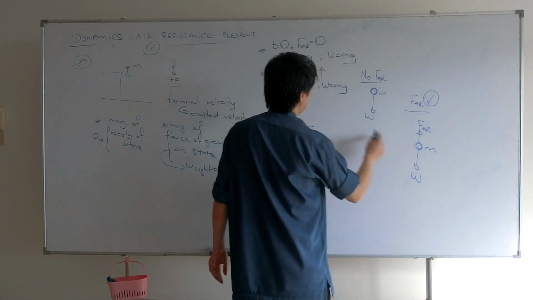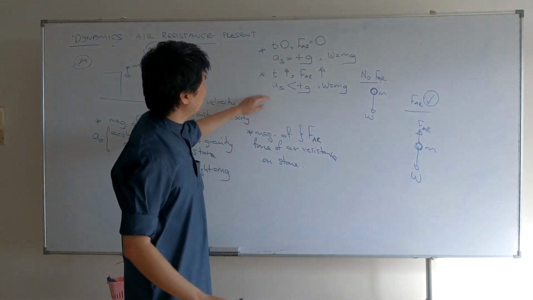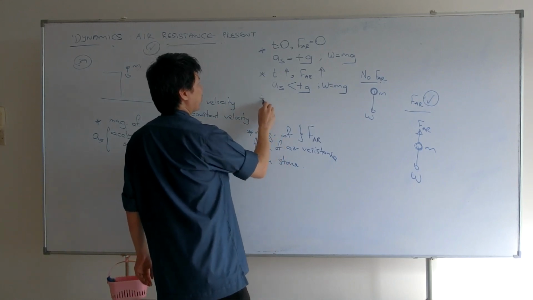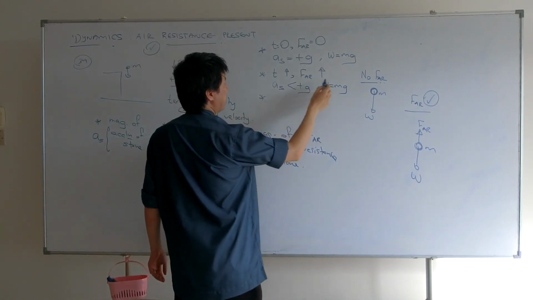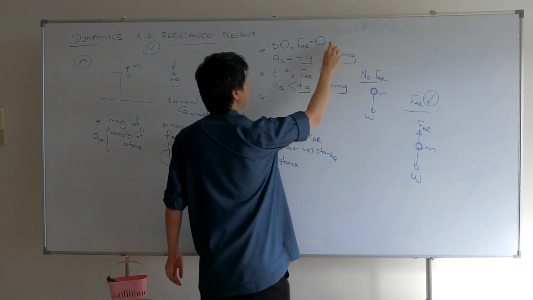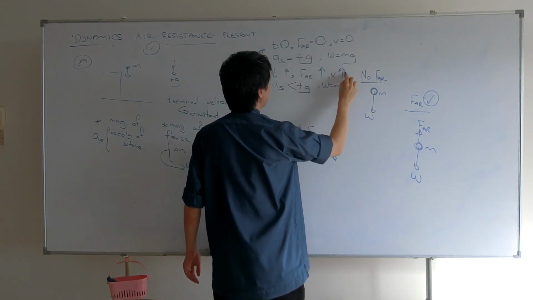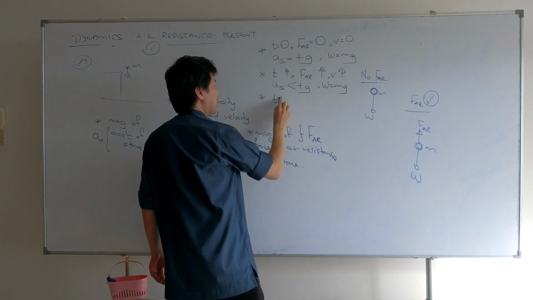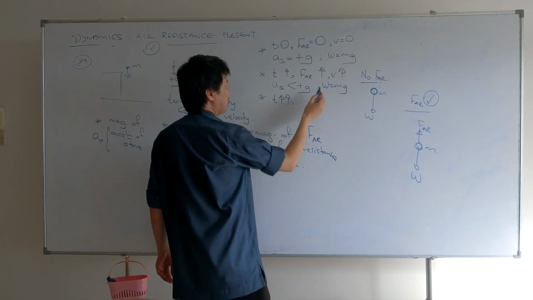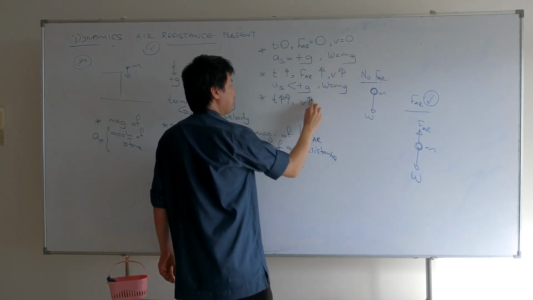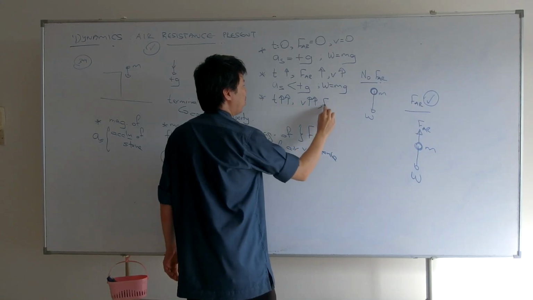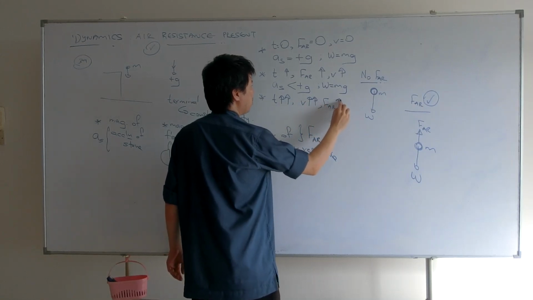What happens as, let's say, in this case, v is equal to 0, so v increases. What happens as more time passes? As your v increases more, your air resistance will also increase more.